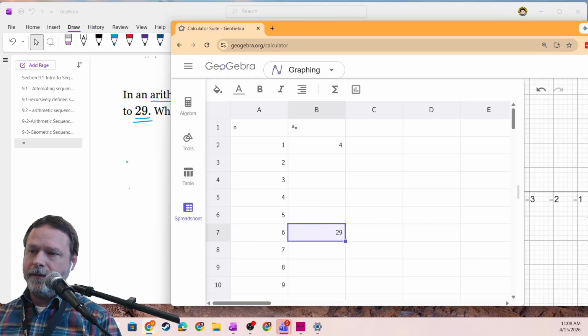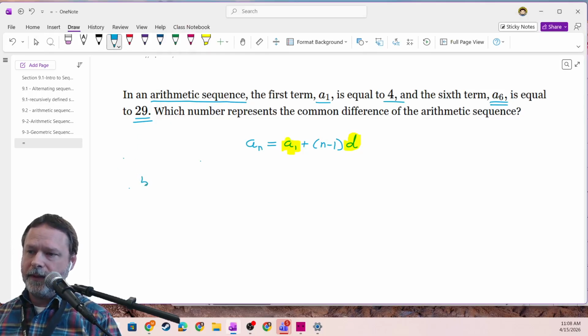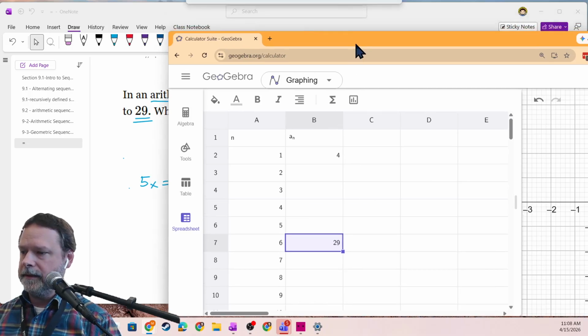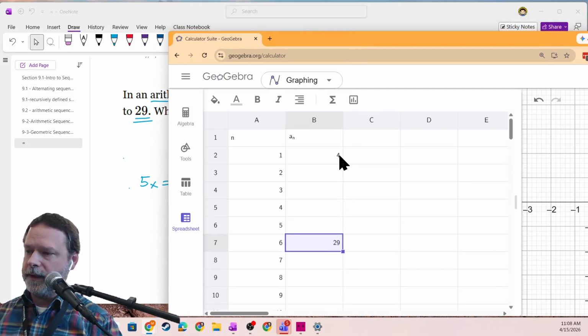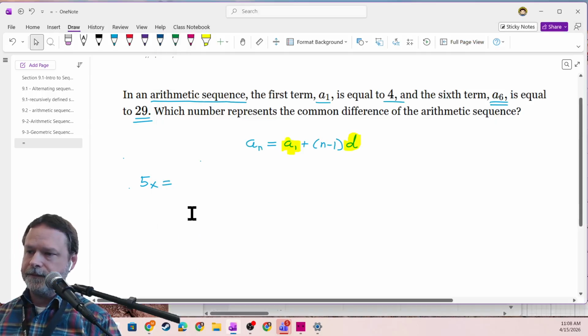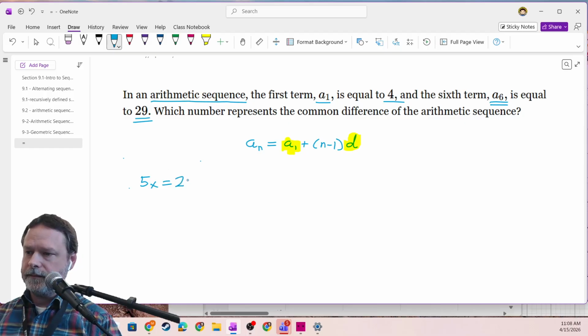So I know that a multiple of 5, so let's say 5x, is going to equal the difference of 29 to 4, right? So what's that? 29 minus 4. And how did I get that 5x, by the way?